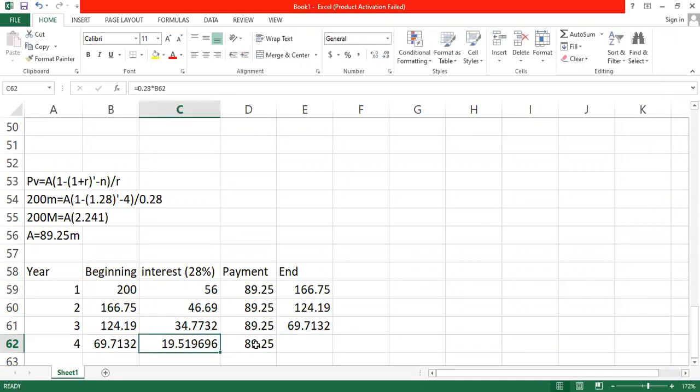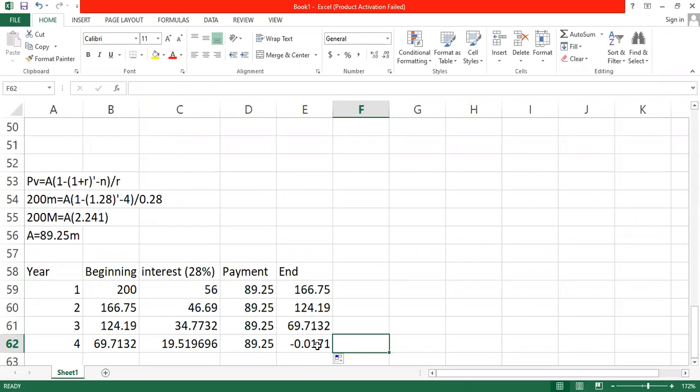Yes. Under normal circumstances, the balance should be zero at the end because you have paid for 4 years. So you have to finish paying at the end of the 4 years, isn't it? Yes. So how much will be the opening balance now? It will be 0 point something something because of that transformation.